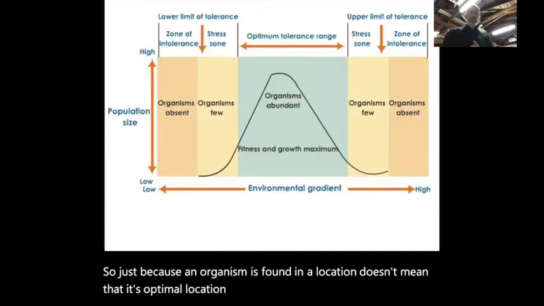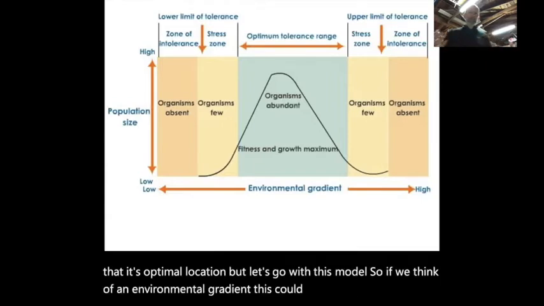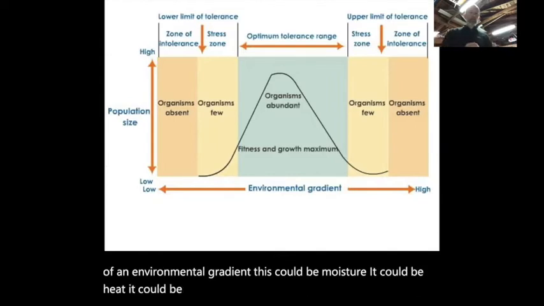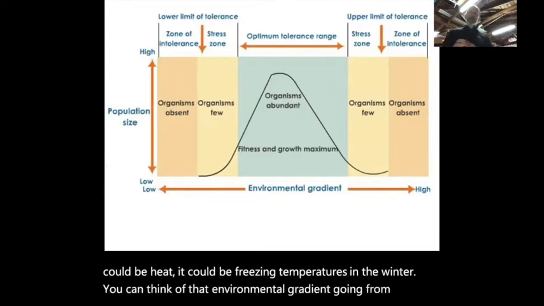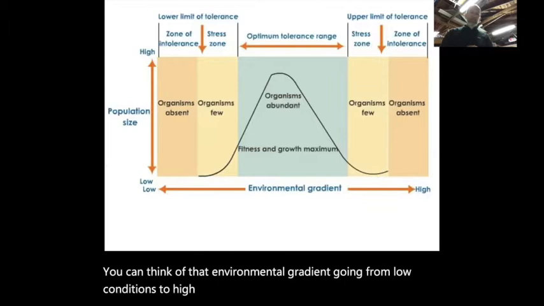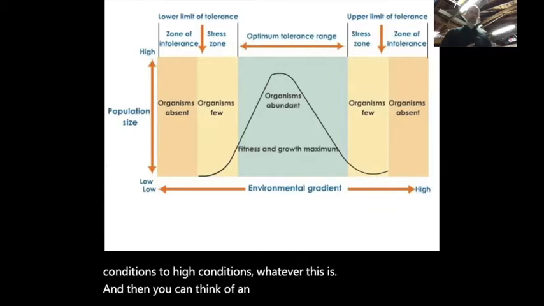So if we think of an environmental gradient, this could be moisture, it could be heat, it could be freezing temperatures in the winter. You can think of that environmental gradient going from low conditions to high conditions, whatever this is. And then you can think of an organism's population size going from low to high.